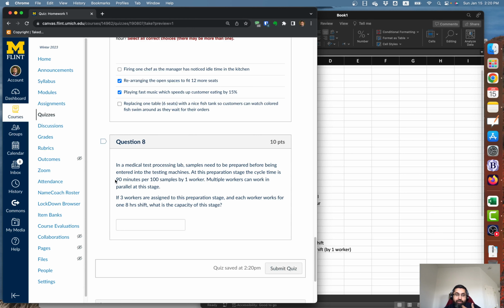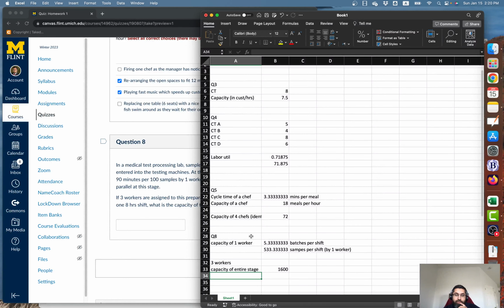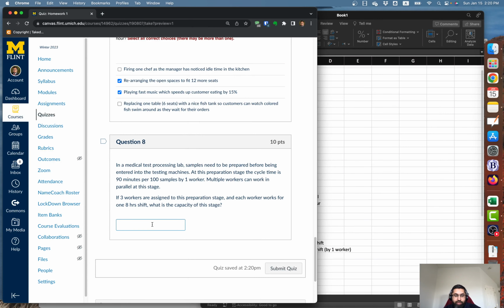If they did, you would be given, okay, worker 1 takes 90 minutes per 100 samples, worker 2 takes 50 minutes per 100 samples, and worker 3 takes 200 minutes per 100 samples. You would be given different cycle times per worker, but you're not. So the workers are identical. So you find how many samples per shift a worker does, times 3, is the capacity of the stage. So we can prepare 1600 samples per shift.